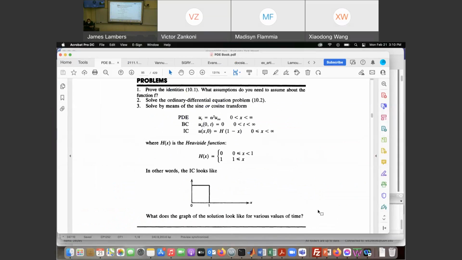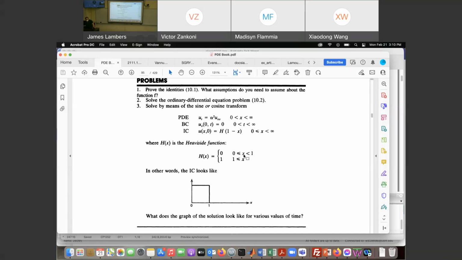There's a minor mistake in the problem. It's kind of strange, actually. This is not the definition of the Heaviside function. The Heaviside function is equal to 0 for negative x, and then it jumps up to 1 at x equals 0 and stays 1 forevermore. So not what's described here.